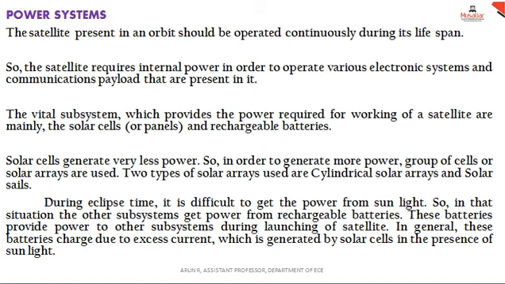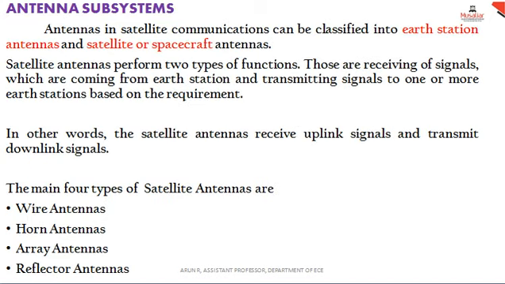The satellite antennas perform two types of function: receiving signals coming from the earth station, and transmitting signals to one or more earth stations based on the requirement.